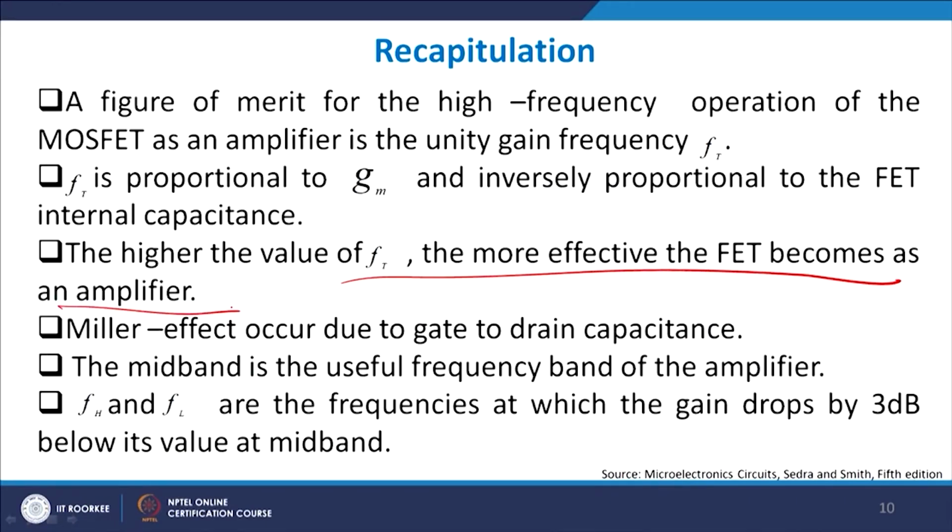So one thing which we learn is that your Gm should be high and your Ft should also be high. Once you ensure these two to be very high, then automatically everything falls into place in a detailed manner. Miller effect occurs due to gate to drain capacitances, right, and this is quite an interesting problem which people face, which we will do maybe the next time and I will show you how the Miller effect works out.